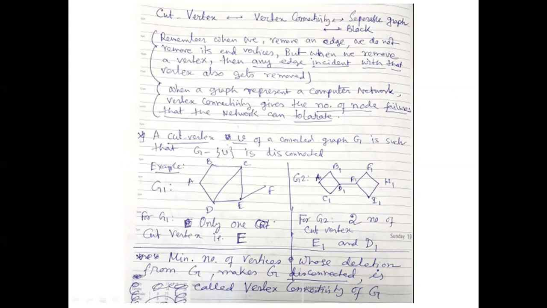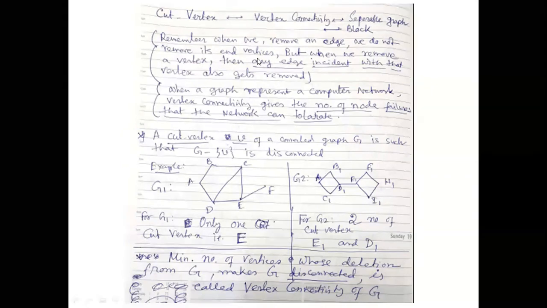Let us go for this example. If you try to remove this vertex C, naturally this edge will be removed automatically. This CD edge will be removed automatically, right? The CE edge will be removed.